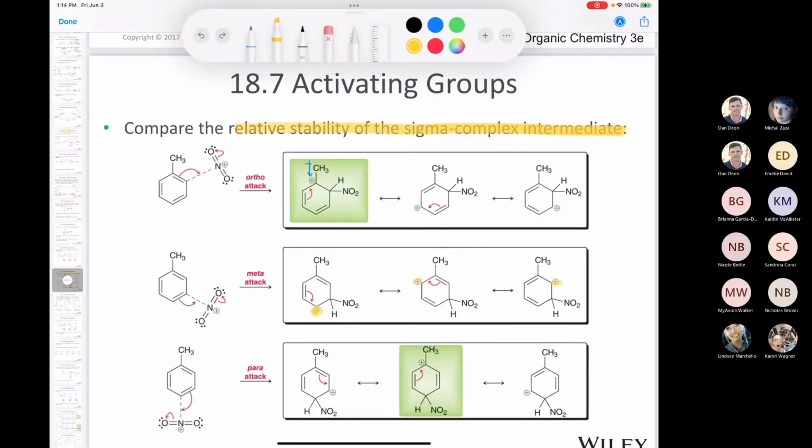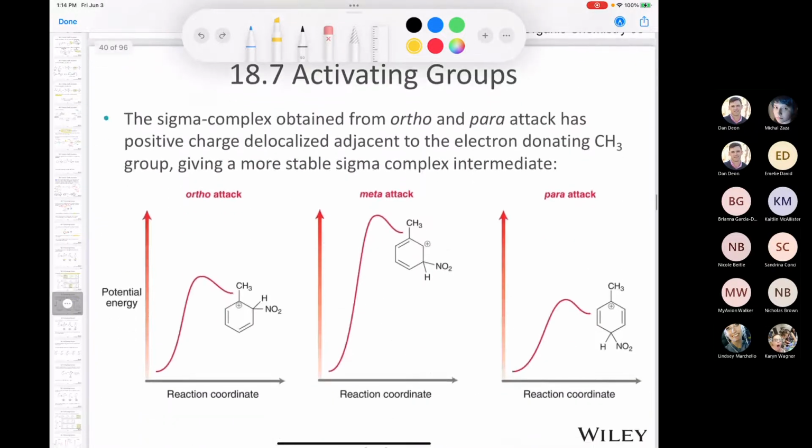Well, let's take a look at the reaction coordinate diagram for the formation of all of these sigma complexes, whether it's from ortho, meta, or para attack. Now you notice the activation energy. I'm just going to pencil it in for the ortho. So we have our starting material, we have our activation energy shown here, and you notice that the activation energy for the ortho attack and the para attack are significantly lower than that for the meta attack, right?